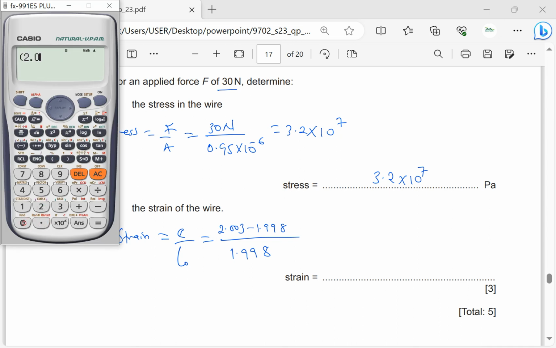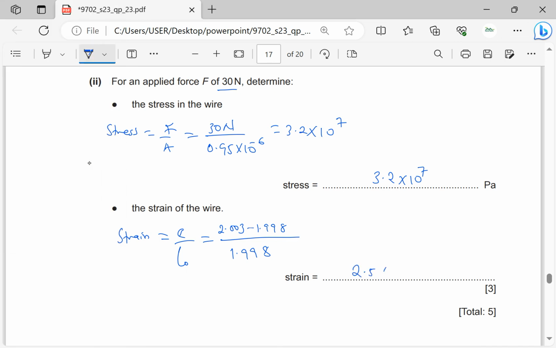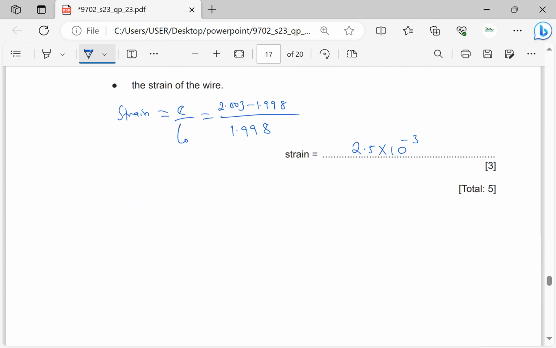So 2.003 minus 1.998, divided by 1.998. So this is giving me 2.5 times 10 power minus 3. So that is the strain.